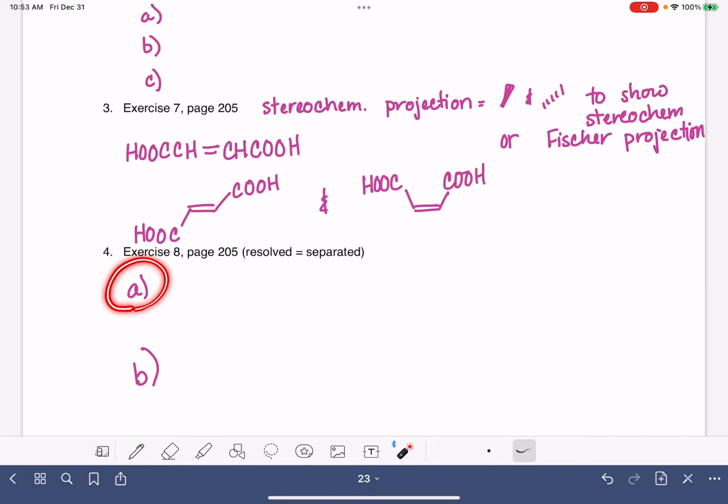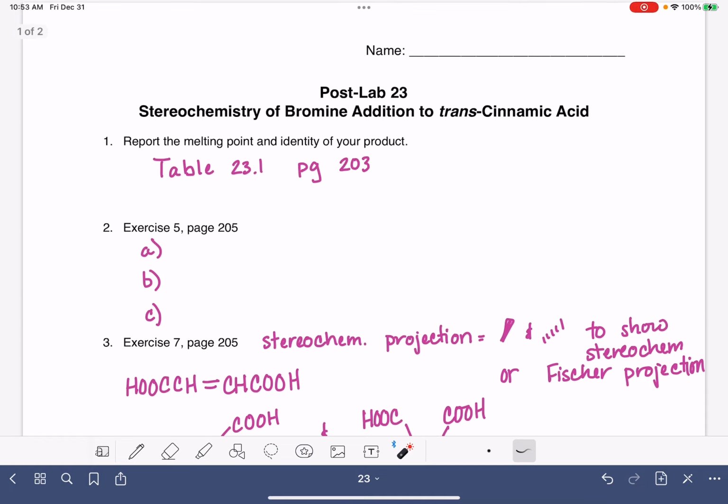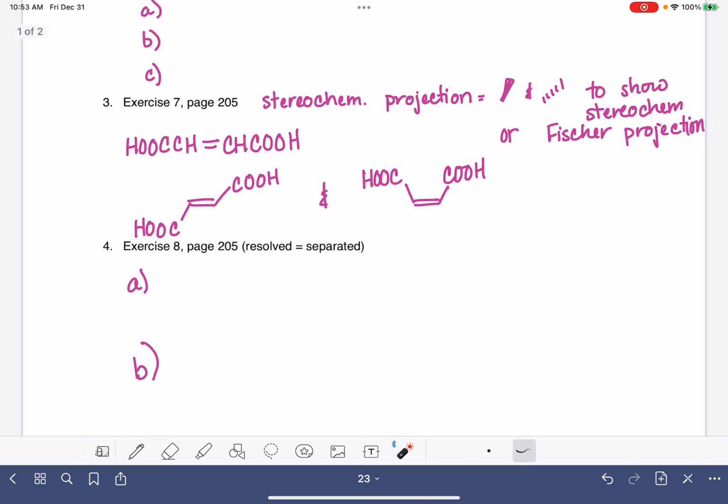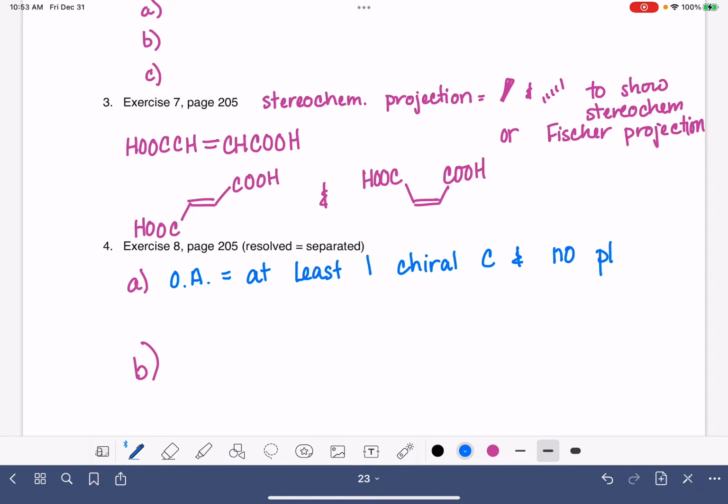Part A of this question is actually asking about the experiment that you did, the bromination of trans-cinnamic acid. It's asking you, is the product optically active? Optically active means that the molecule has at least one chiral carbon and also no plane of symmetry.